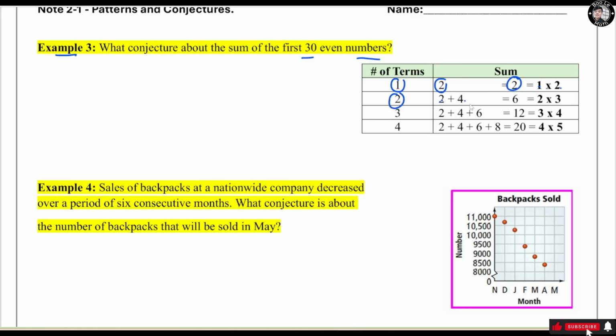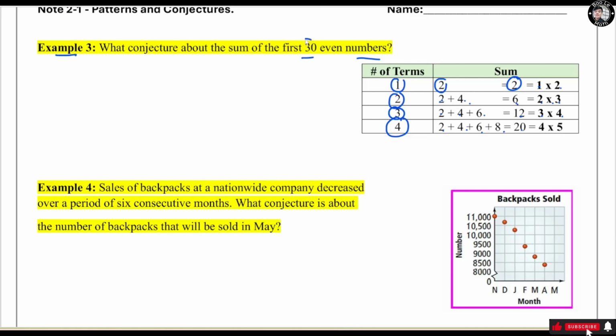If you add them up, it could be 6, right? 6 equals 2 times 3. Now, if you have 3 even numbers, it could be 2, 4, and 6. Add them up, it could be 12, right? 12 equals 3 times 4. If you have 4 even numbers, it could be 2, 4, 6, 8. Add them up, it could be 20, and it could be 4 times 5, right?